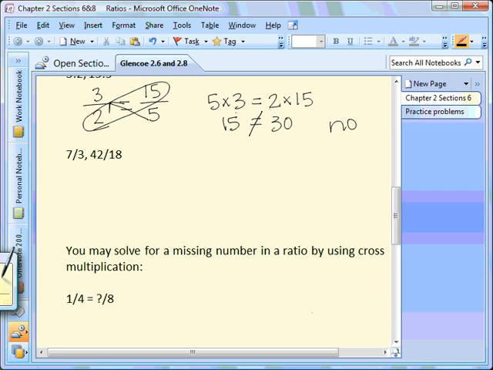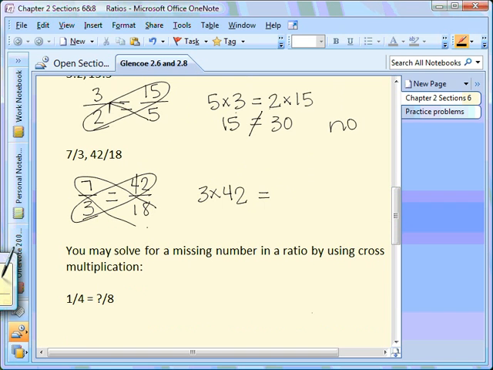Okay, here's our last example of this. We're going to write these so they're fractions that are vertical instead of horizontal. Okay, we're going to take our crisscross pattern here. 3 times 42.